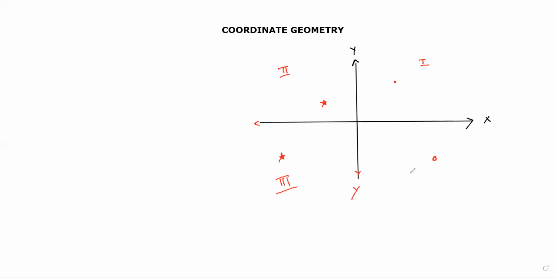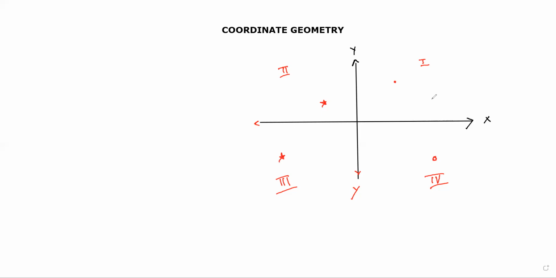And the last is the fourth quadrant, where x is positive, but we are in the south direction, so y is negative. So we have 4 quadrants, and any object anywhere can be given coordinates, can be given an address.